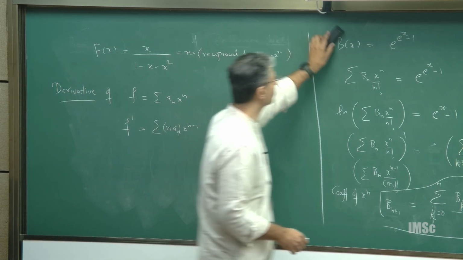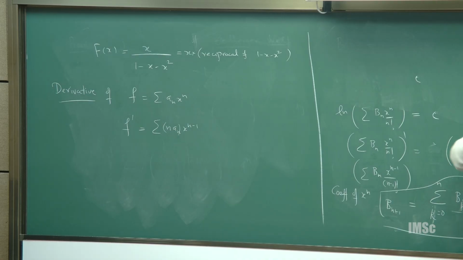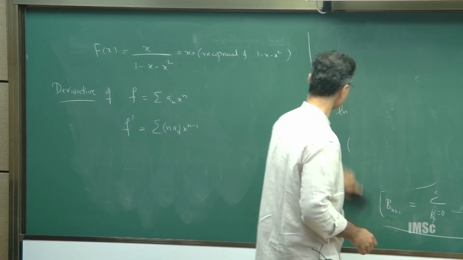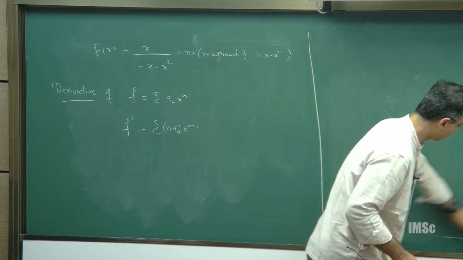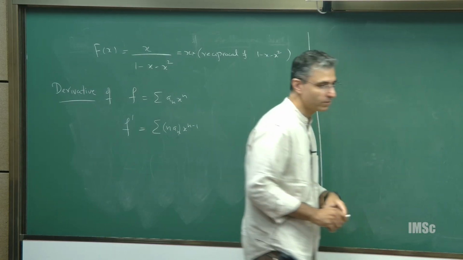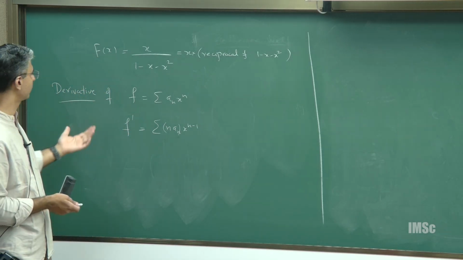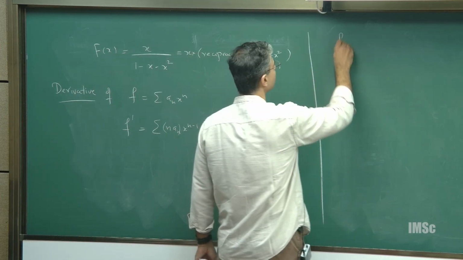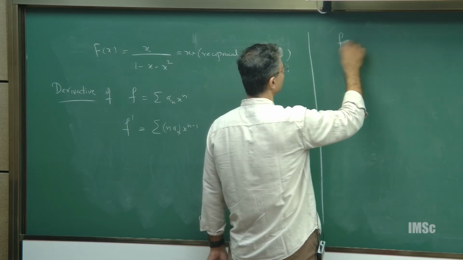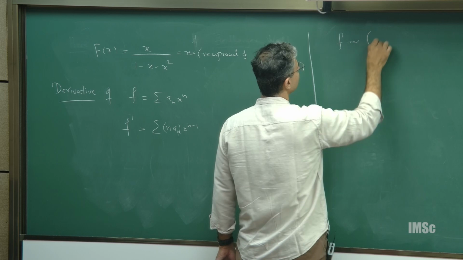Okay, let us now do this. What we will do now is set up a dictionary. You have an ordinary generating function, or a formal power series f, for the sequence a n.